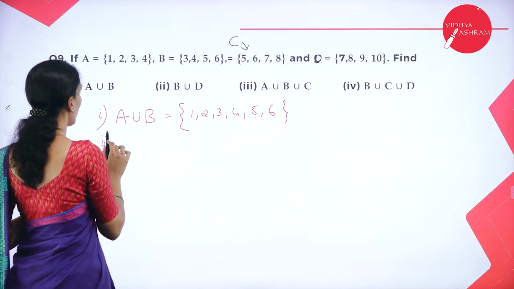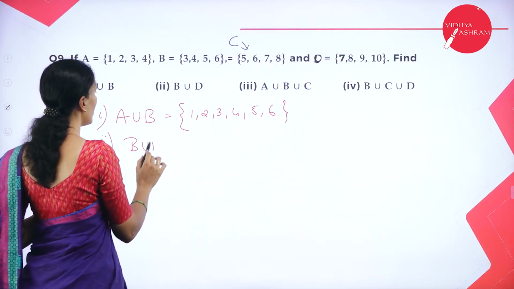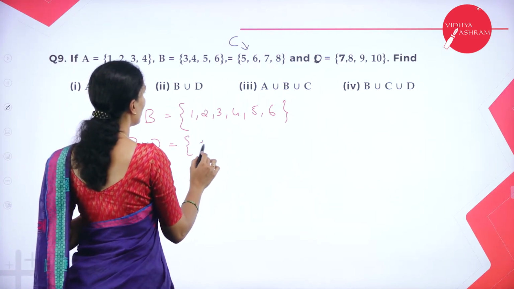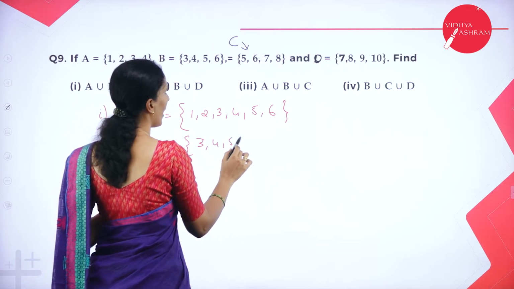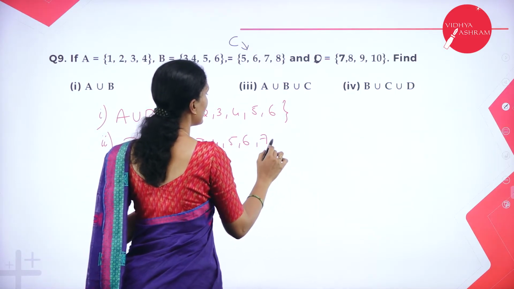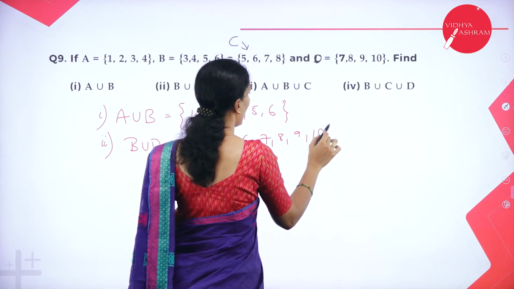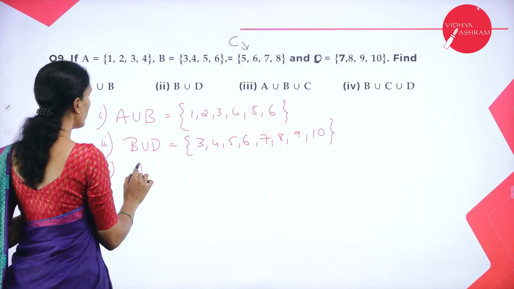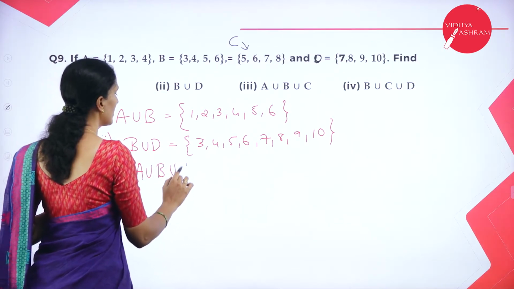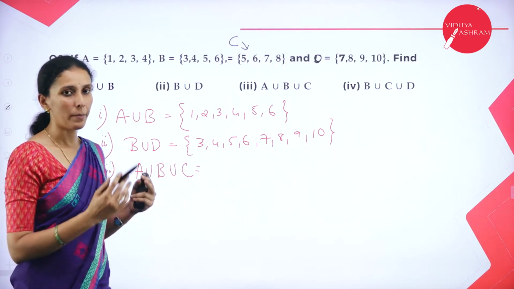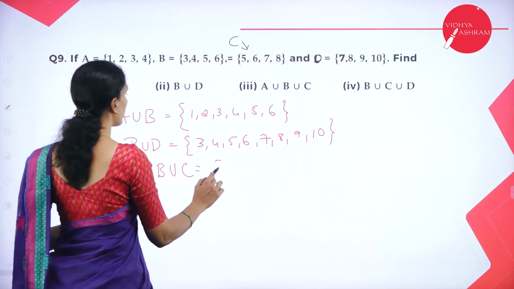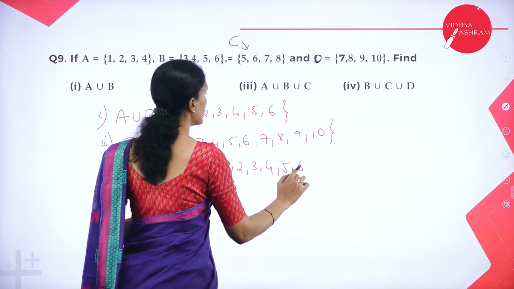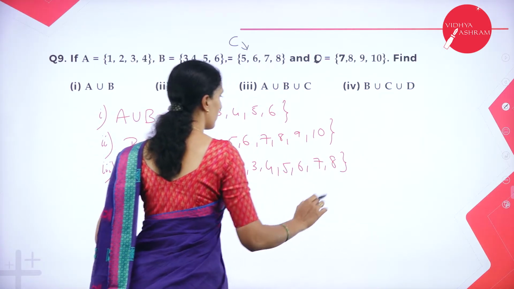Next, what does the second question say? B union D. You are taking the union of B as well as D. B is 3, 4, 5, 6 and D is 7, 8, 9, 10. Next, the third one, A union B union C. Writing all the elements from A, B, C: 1, 2, 3, 4, 5, 6, 7, 8.